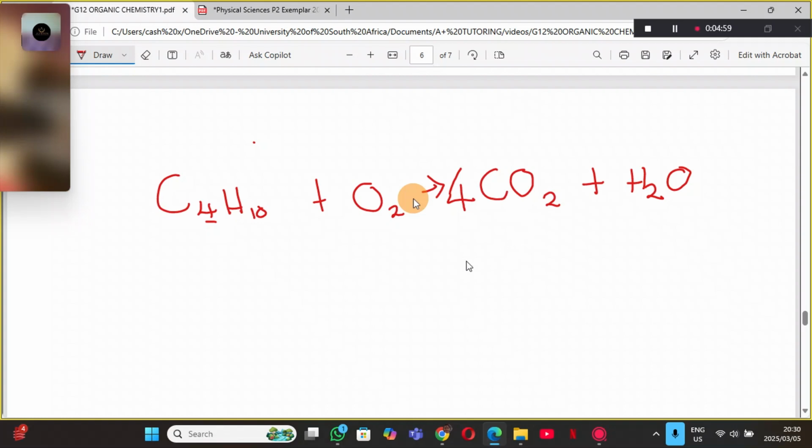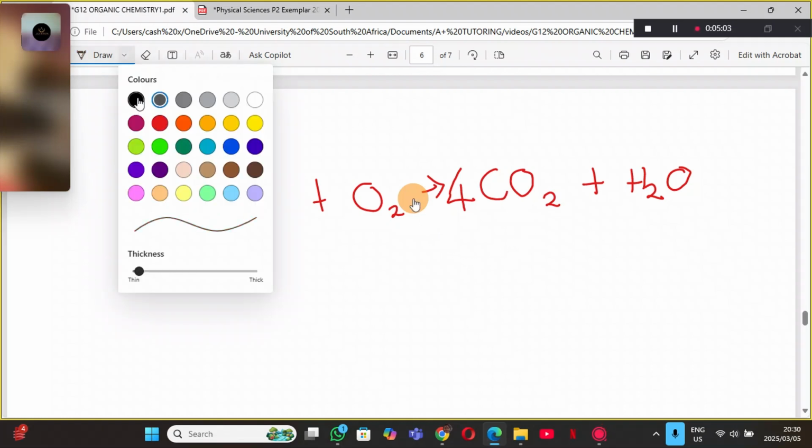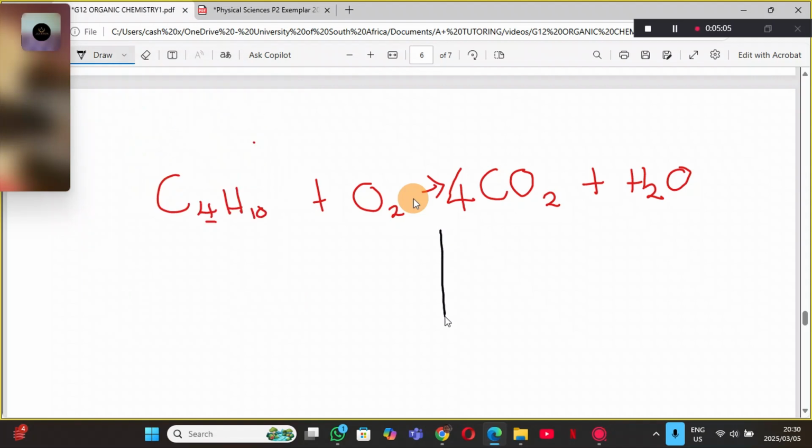So now on the left, I have my 4 C's, and then how many O's do I have? You have 8. I now have 8 O's from this one, plus 1 O from that, which will give me 9, right? Okay. And then H's?